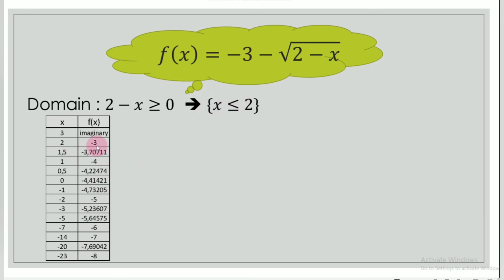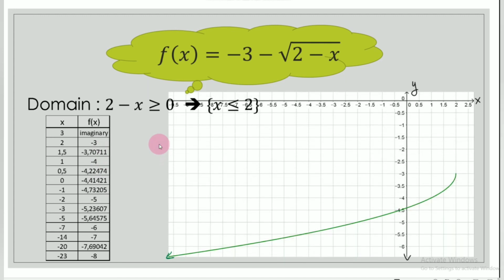So look at it, -3. It begins with -3 and then it's decreasing. So this one is decreasing. When you plot it, this is your graph. It ends here, or it starts here, depending on your perspective. At this point it stops. There is no arrowhead. This is coordinate (2, -3).